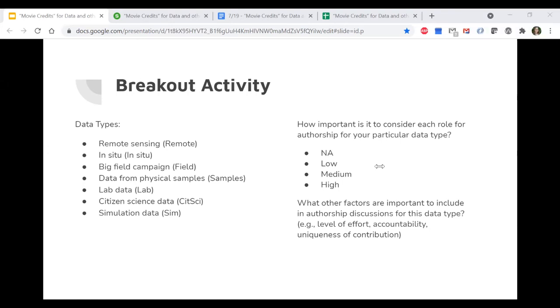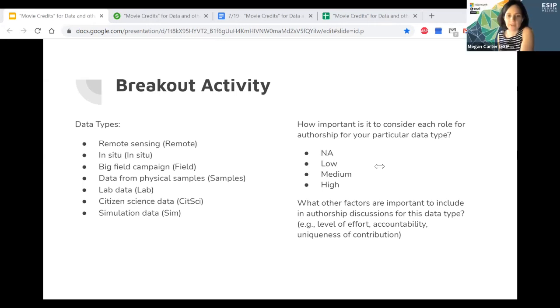I'll do remote sensing because actually that's probably where most of my experience has been. Okay, I'm going to send you there, Ruth. Okay, great. What are the remaining choices then? So lab data and simulation data just have one person in them right now.